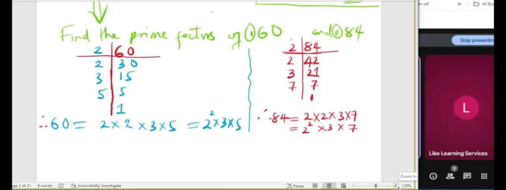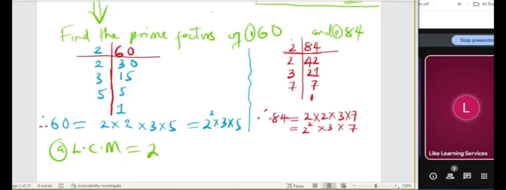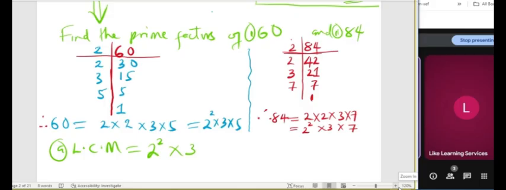You pick 2. Okay, for the LCM we picked 2 raised to the power 2. Then what else do we pick? 3 and 5. Or 5 didn't go in. You don't think, or you are sure? I think I'm sure.